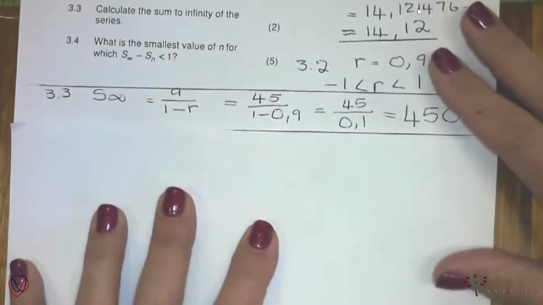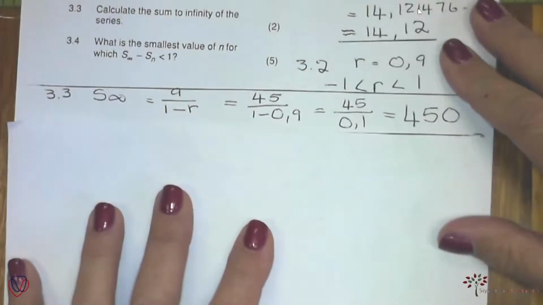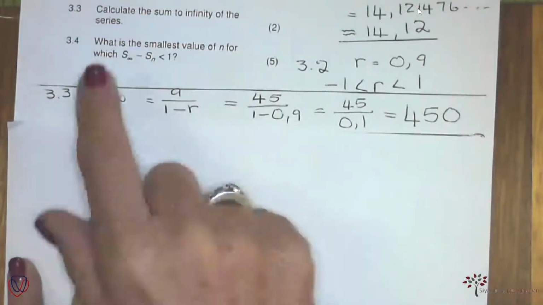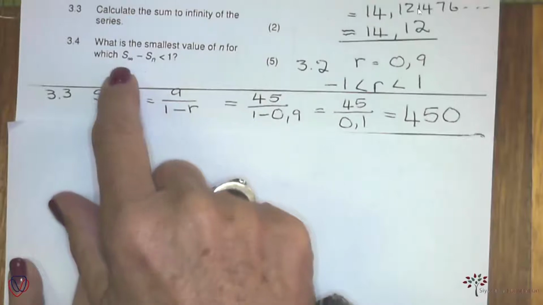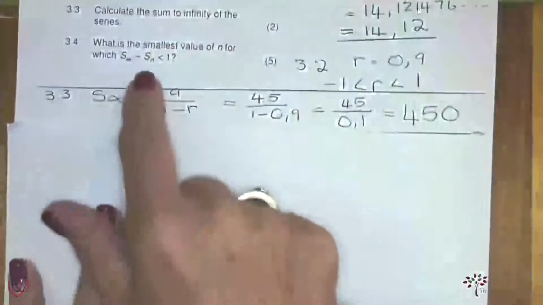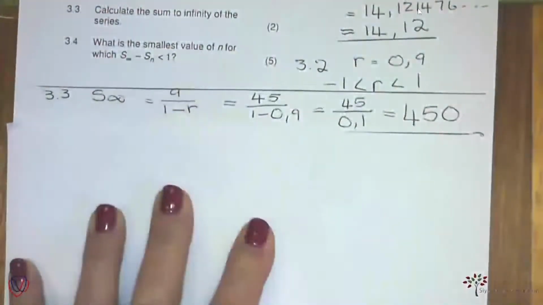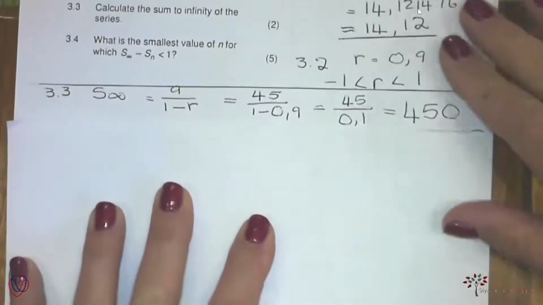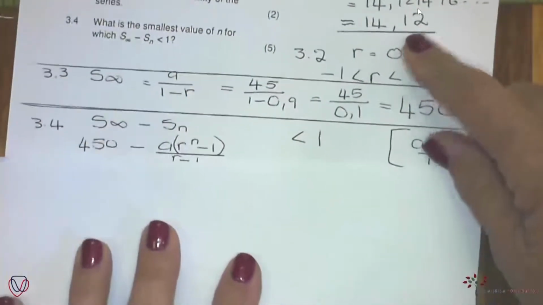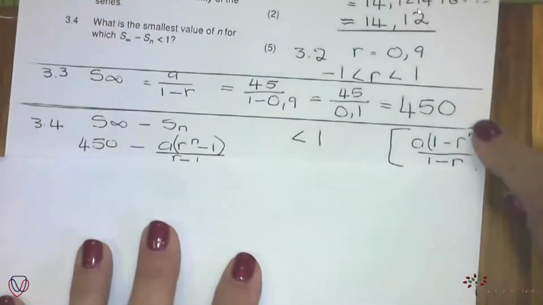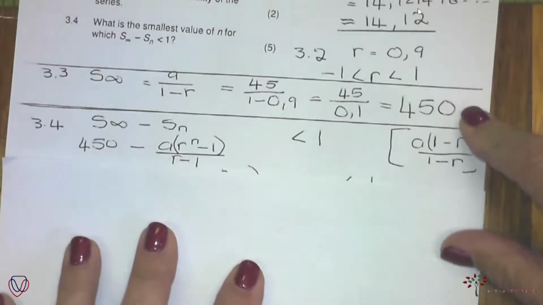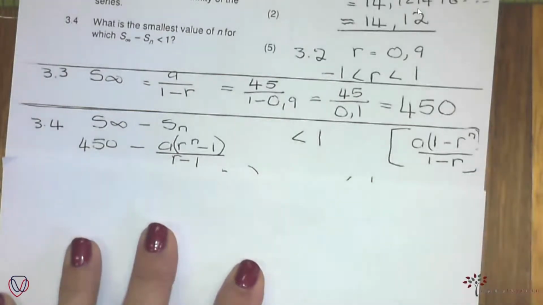Level 4 question, but actually not so difficult. What is the smallest value of n for the sum to infinity minus the sum Sn of the sequence to be smaller than 1? Now let's have a look. The sum to infinity we already have. It is 450. We determined it over here. We haven't determined the sum of the sequence.